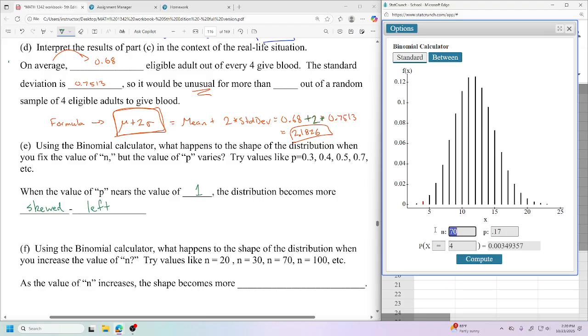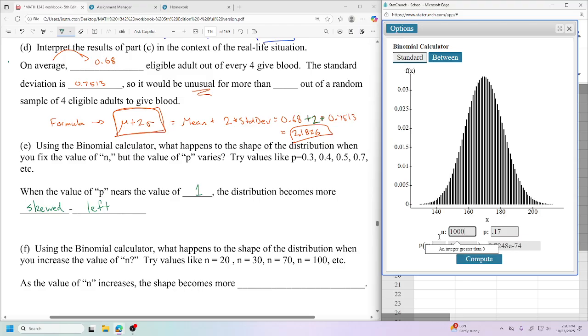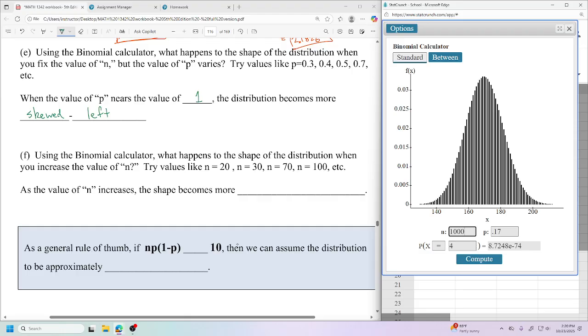But it seems like the more I got here, let's do a 100. Let's do 1,000. What is it? Yeah, it's a bell curve. Exactly. It says as n increases, the shape becomes more bell curve. I think they're going to want the word symmetric. Yeah, but definitely a bell curve for sure.